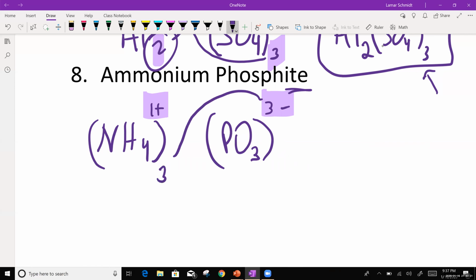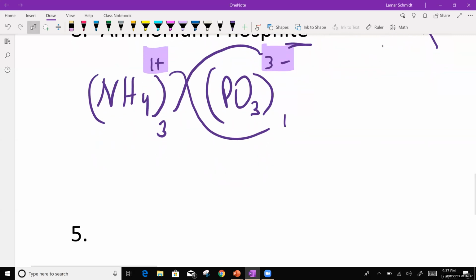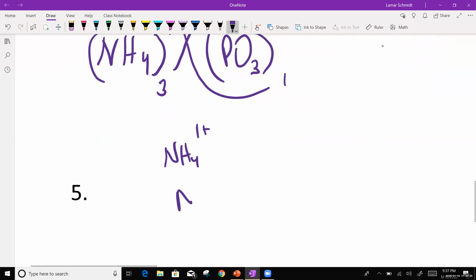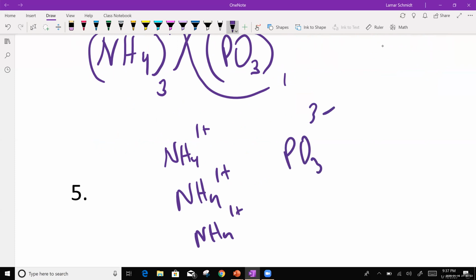3 ammonium ions, 1 phosphite ion. So, and all that really looks like is this. It looks like we have NH4, 1 plus, NH4, 1 plus, NH4, 1 plus, and then we have 1 PO3 ion with a 3 minus charge.